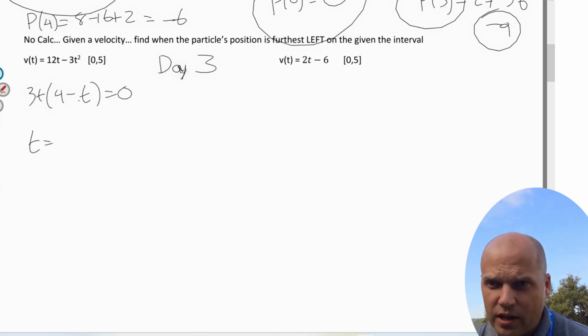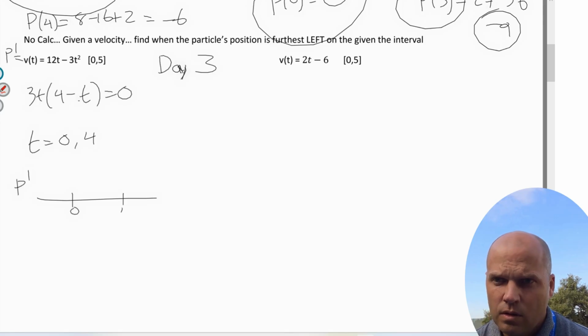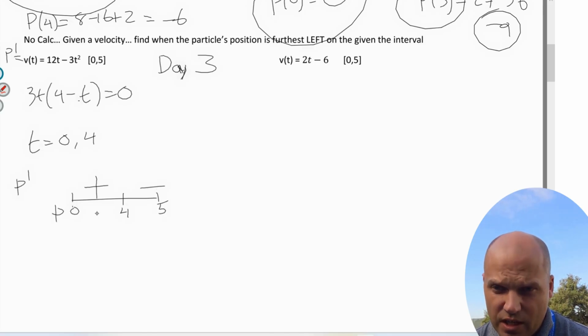Cool. We find our times. Great. We do our sign analysis of our derivative. We got negatives, positives. We're starting at 0. We're going to 5. Furthest left, well, my position is increasing then decreasing. Furthest left must either be 0 or 5.